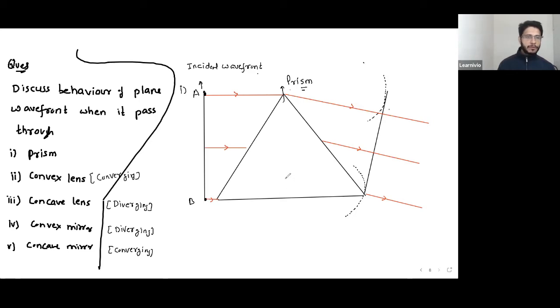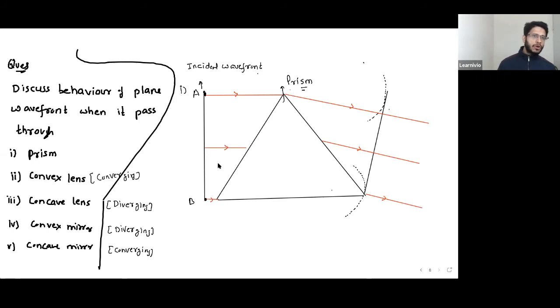In glass, the speed of light is less. So this is speed of light multiplied by time. That's why the radius of the wavelet from point B is less and the radius of the wavelet from point A is greater. I draw these two wavelets. These arcs are basically your wavelets. When I draw a tangential surface over these wavelets, this tangential surface is your secondary wavefront. These red lines are representing rays. Okay, so clear?